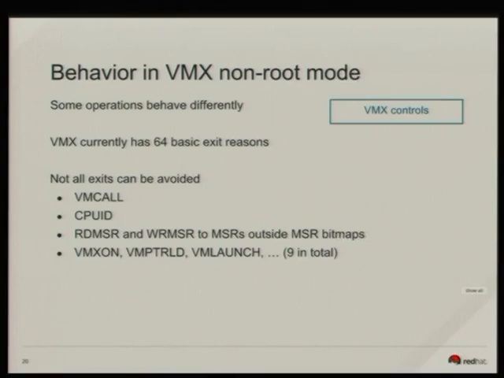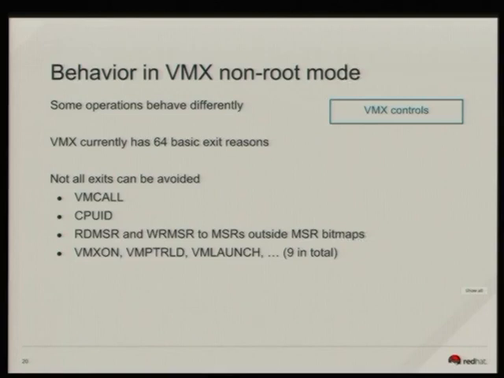There are 64 basic exit reasons. Basically, a lot of instructions have their own, or you can get interrupted and get a VM exit, or you can just set up some timer to expire in VMX and get a VM exit. But we have disabled almost all of them, but some VM exits can't be avoided.